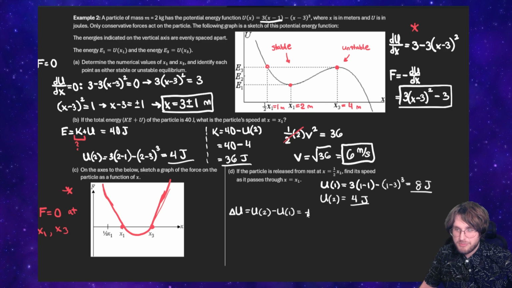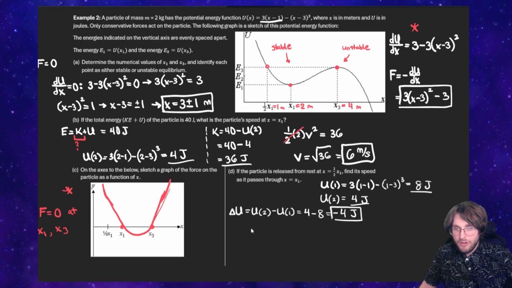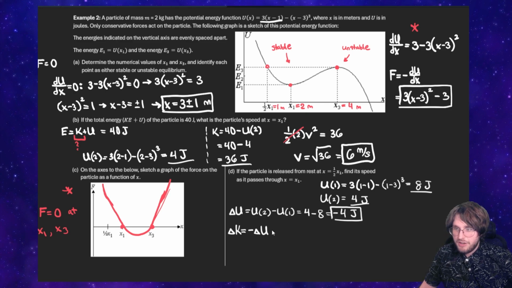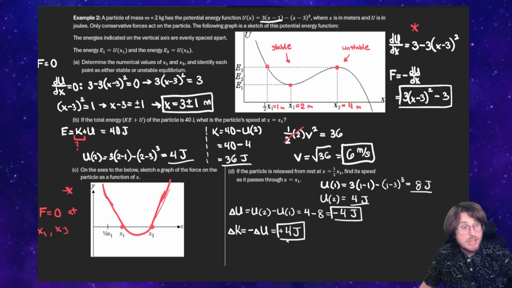So in this case, it'll nicely just be 4 joules minus 8 joules, which is a change in potential energy of -4 joules. Now, we can use the relationship that change in kinetic energy is simply the negative of the change of potential energy. And if we say that, then our change in kinetic energy will be +4 joules. So we lost 4 joules of potential energy and we gained an equivalent amount in kinetic.